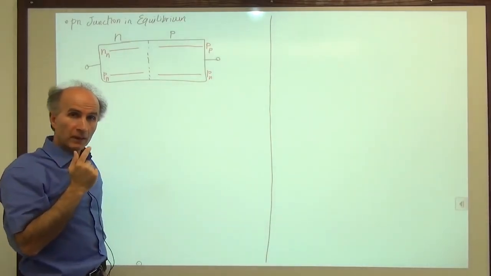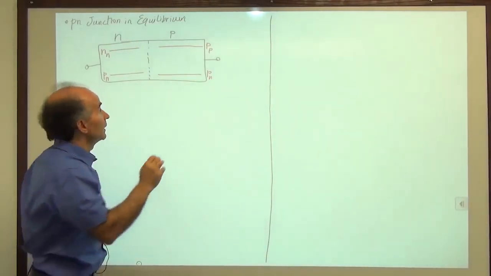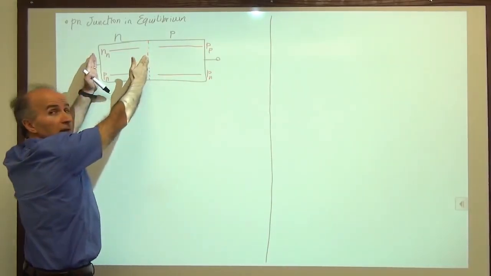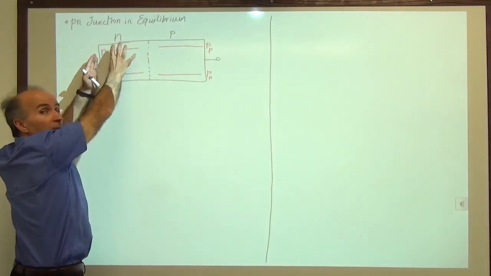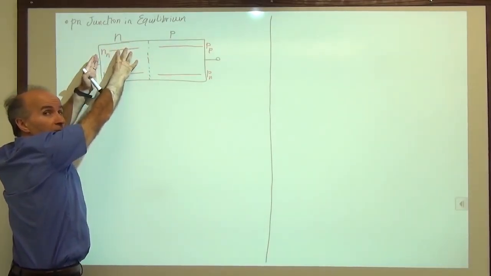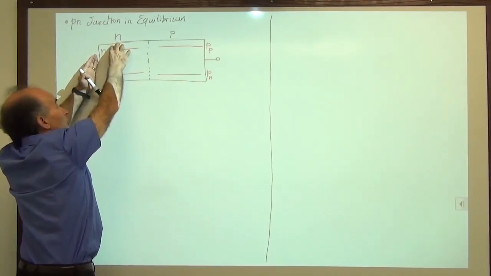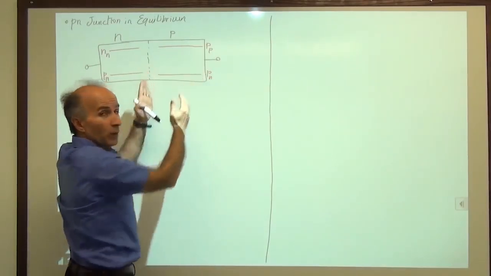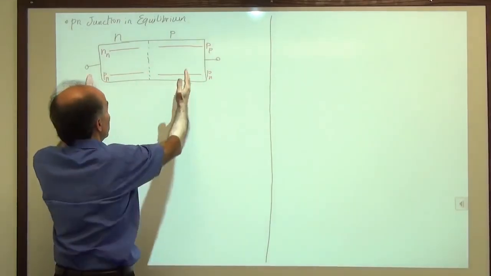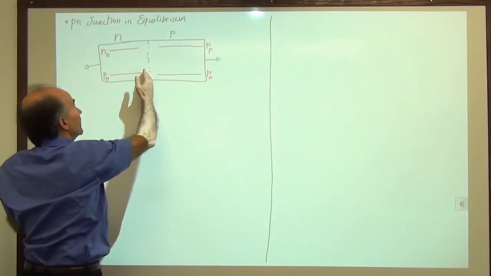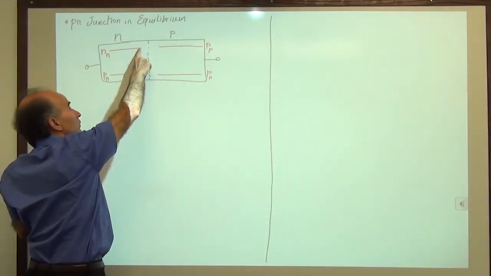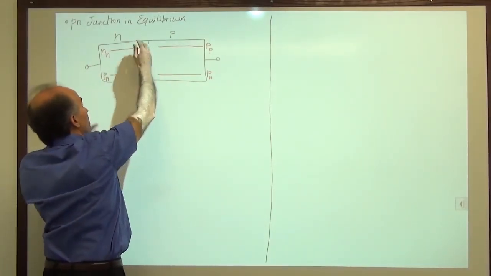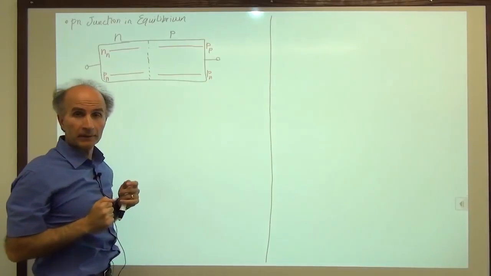Now, remember the charge neutrality principle. Before we put these together, the N-type material was neutral. It had as much negative charge as positive charge. This negative charge is counteracted by some holes and then some protons. Similarly, this side was neutral. But now when I place these together, when I form this junction, an electron starts from here, which has a high concentration, and goes here, we have taken one electron out of this material.